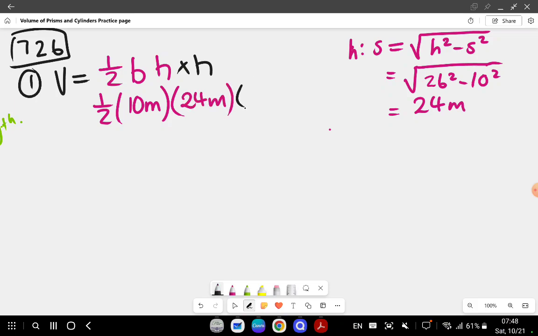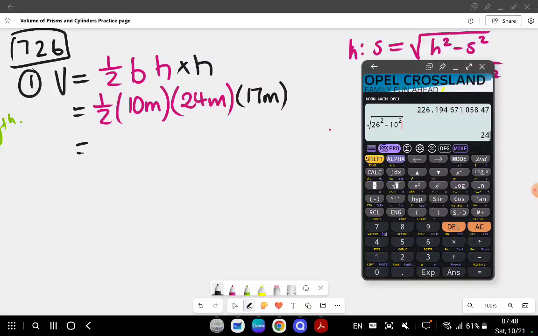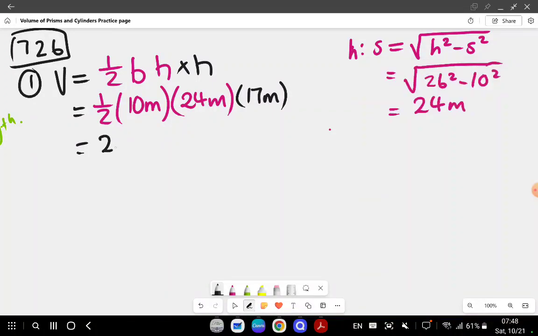And I'm going to multiply that by the height of 17 meters. And that gives me a half times 10 times 24 times 17 gives me 2040 meters cubed.